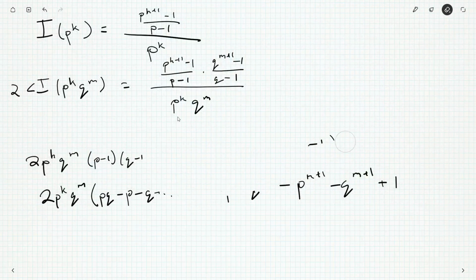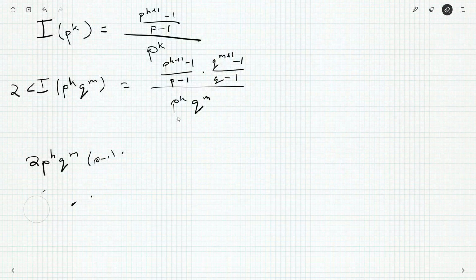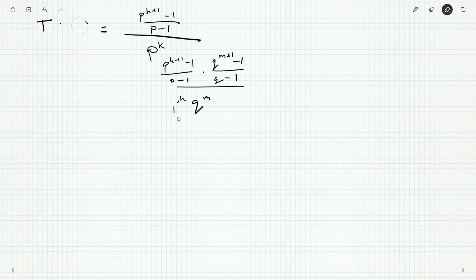What do I want to do here? I think I'm going to erase this. I'll come back to it. I don't want to, but I don't have enough direction. The k's, the m's. Yes, I of p to the k gets bigger as k gets bigger. That doesn't particularly help me.